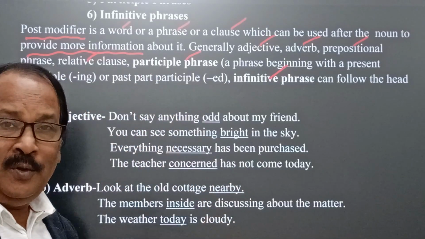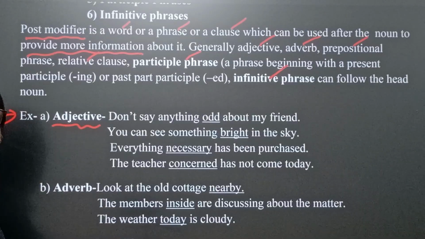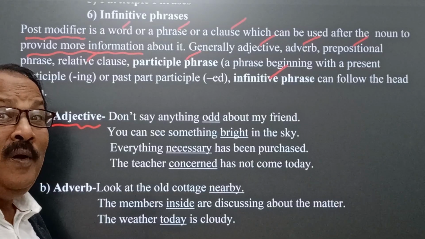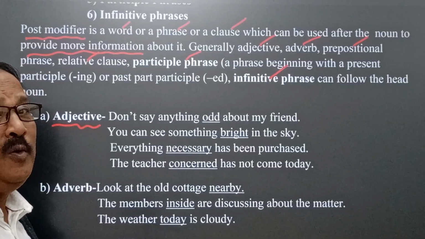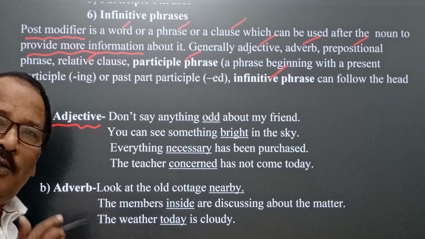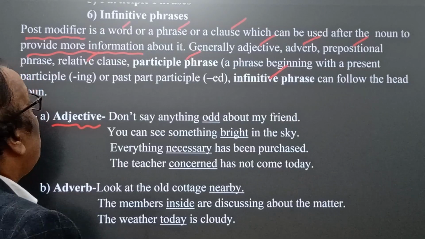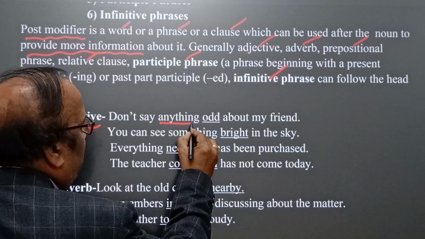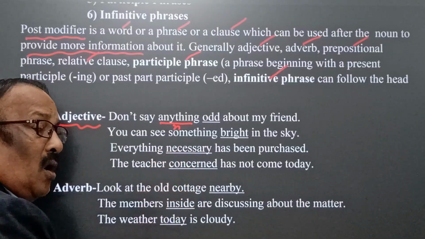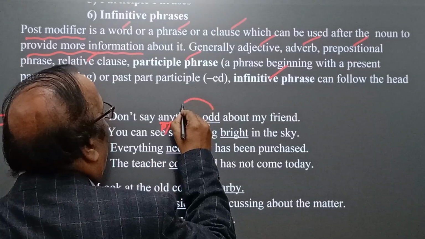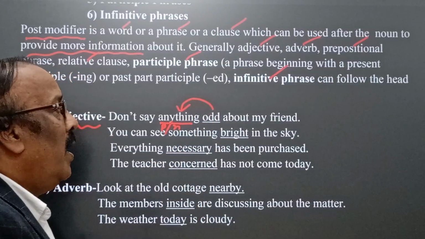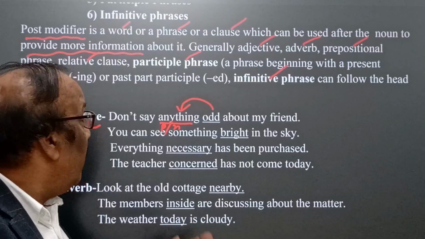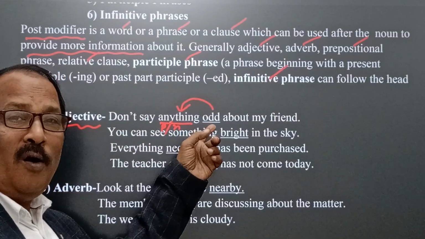In examples, adjective. Whenever we take an adjective after the head noun, that adjective also helps in expressing the noun as a post determiner. Then how? Don't say anything odd about my friend. Anything is a pronoun but does the role of a noun.